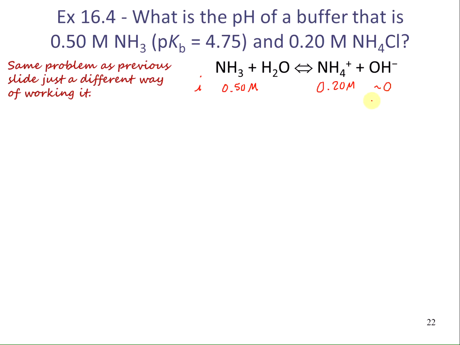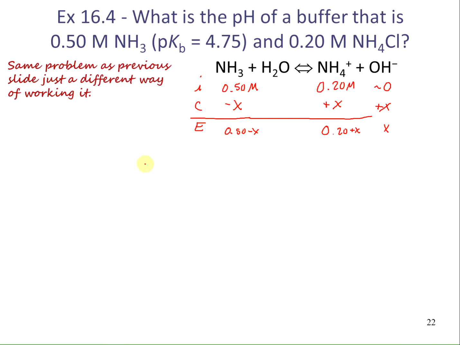Our change is minus x for the ammonia, since this is an equilibrium with a 1-to-1 mole ratio, plus x of the ammonium and plus x of the hydroxide. My ending values are 0.50 minus x for the ammonia, 0.20 molar plus x for the ammonium, and x for the hydroxide concentration.